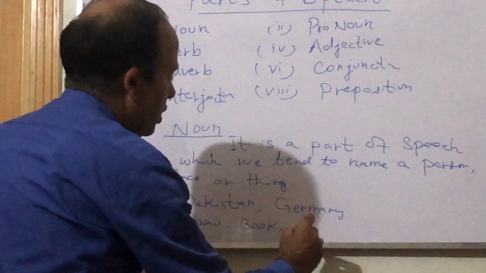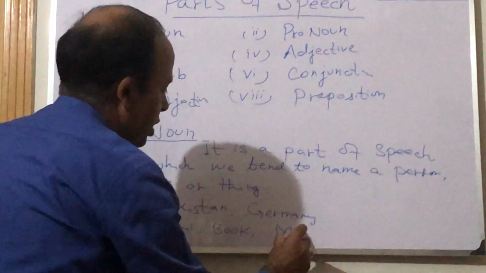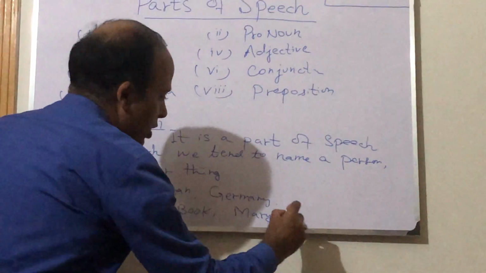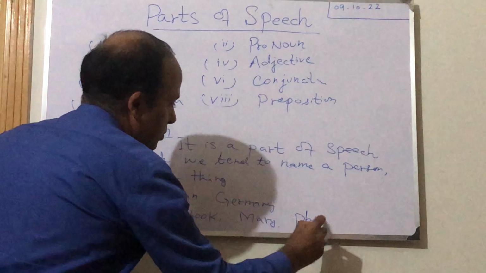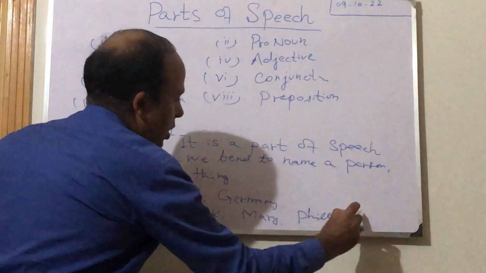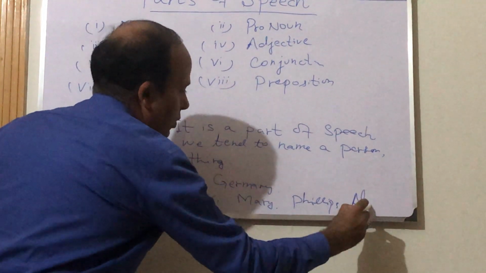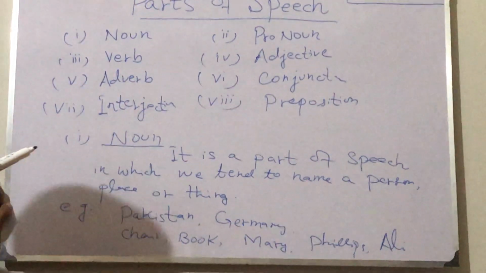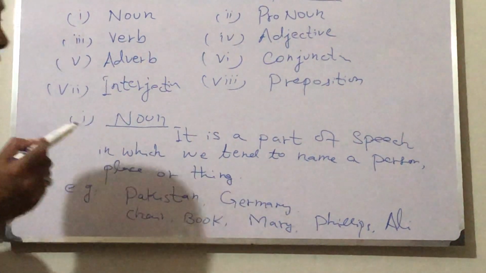Mary, the name of a girl, that's a proper noun. Phillips, proper noun. Ali, so proper noun. So nouns are divided into two broad categories, common noun and proper noun.